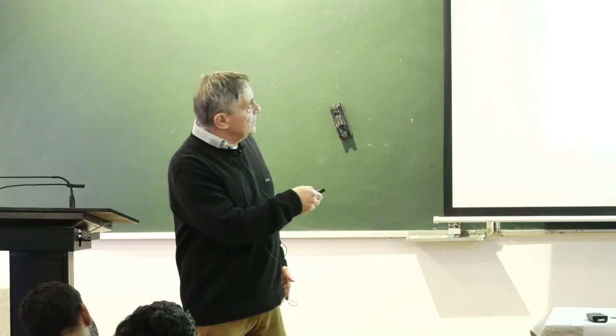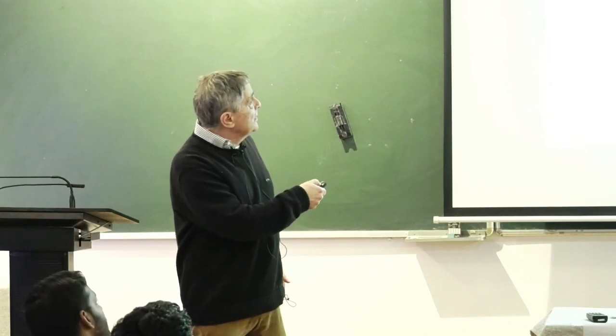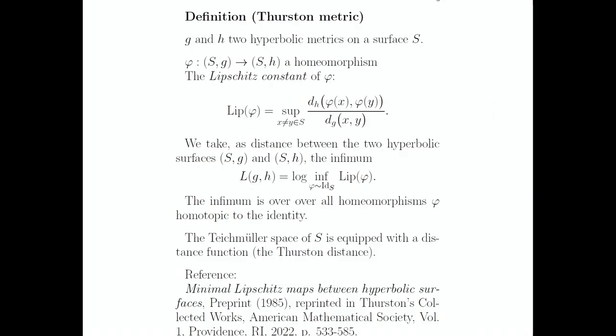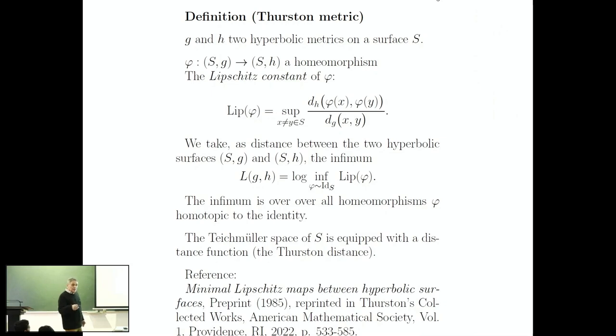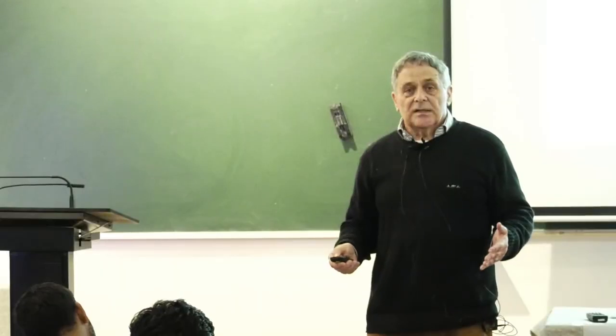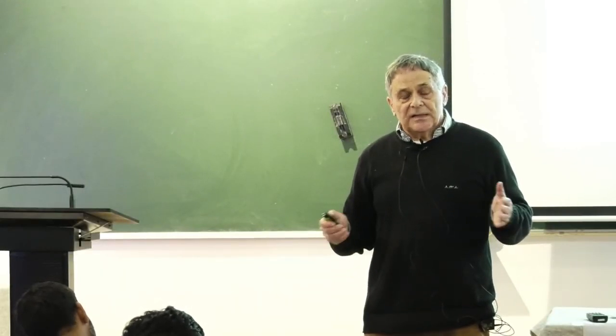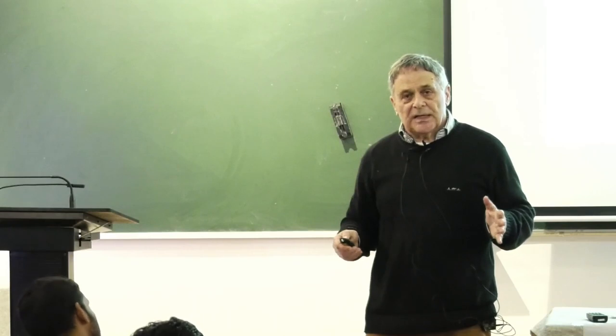So it starts with the following definition. You have a surface S equipped with two hyperbolic metrics. I will talk about hyperbolic metrics later, but for now, these are metrics of negative curvature. The fact that they are metrics of negative curvature is not important now for what I will say.